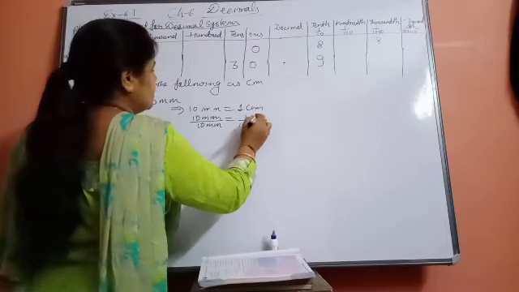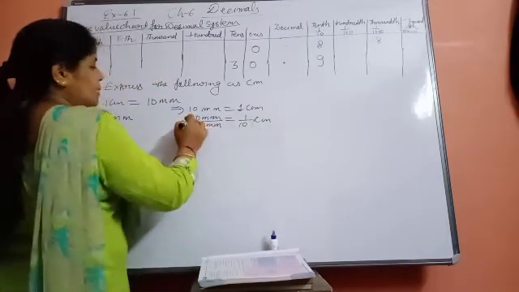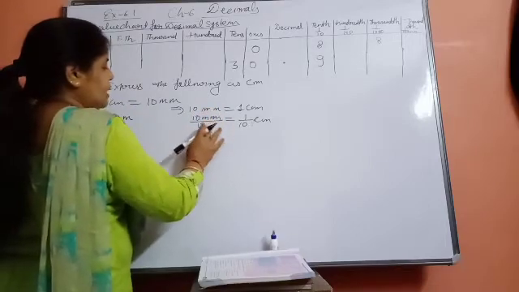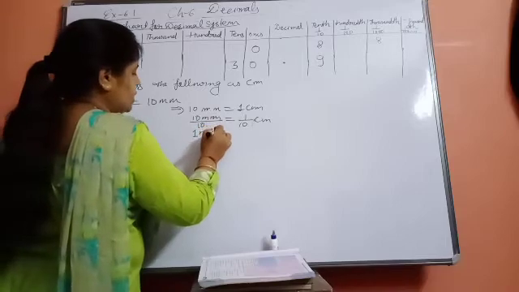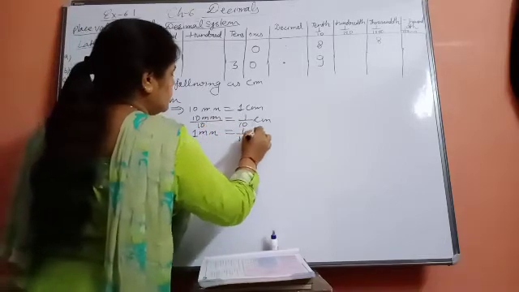Sorry, here centimeter is there. So 10 upon 10 cancels and becomes 1. So 1 millimeter is equal to 1 upon 10 centimeter.